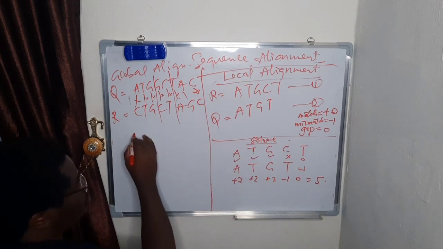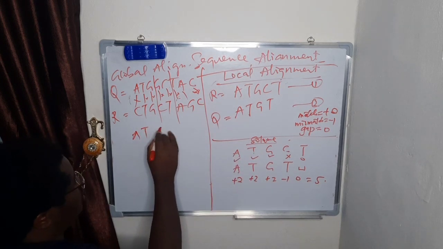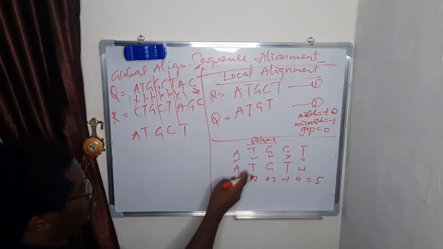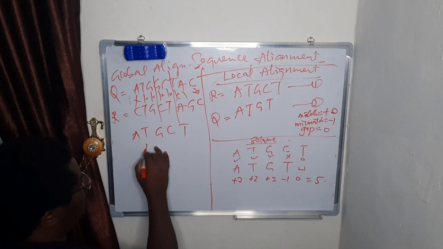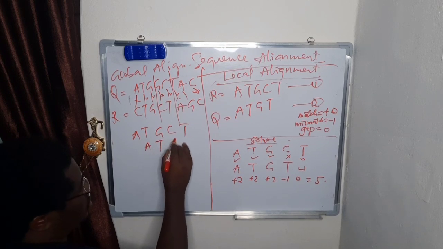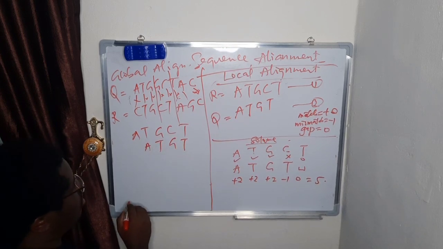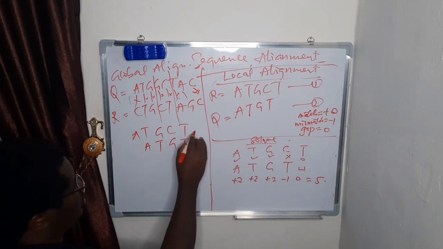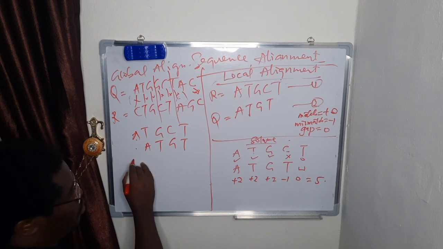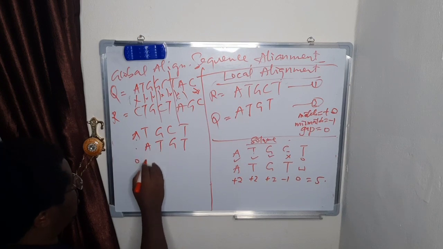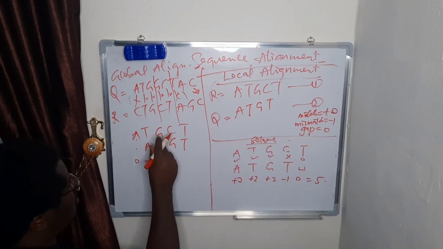The same ATGCT. We can push this to the other end, whereby you have ATGT. Okay. So in solving this, you have A to this, there's a gap. So for gap, you have 0. This is a mismatch, -1.